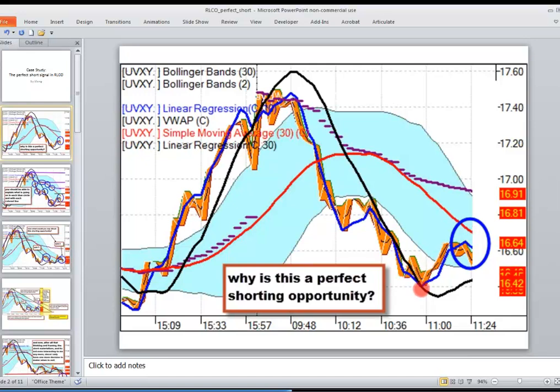And that's really important. When we see a regression line crossover outside of the river, the expected target is a regression to the mean, in this case, which is the red line. But here what we had was price goes into the river, but then rolls over before it even gets to the red line. And I treat that as significant. That's an automatic short for me.